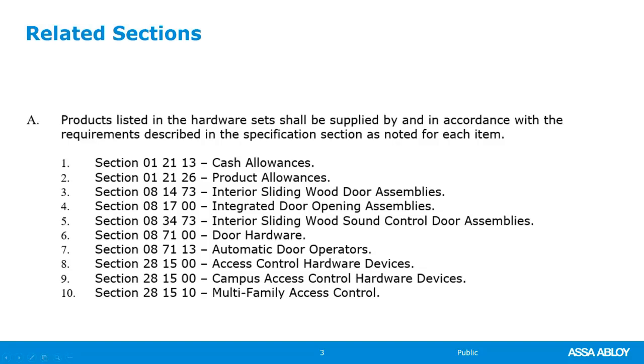Automatic operators could also be listed in the hardware set, but if you see this section, then you would go to that section for more information, and that's where that package would typically be bid. You have interior sliding doors, cash allowances, access control. Division 28 is your access control, and there's a lot of coordination back and forth between the various sections.